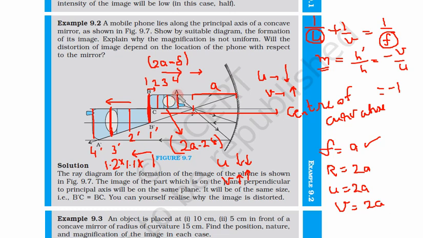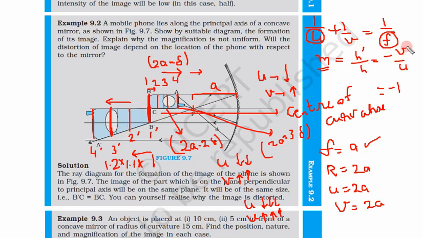Now for the last point, let us name this 2a minus 3 delta. So the distance is further reduced by 3 delta. In that case, what will happen? u is much smaller, v will be much larger to keep f constant.